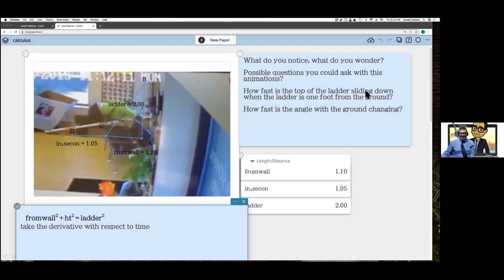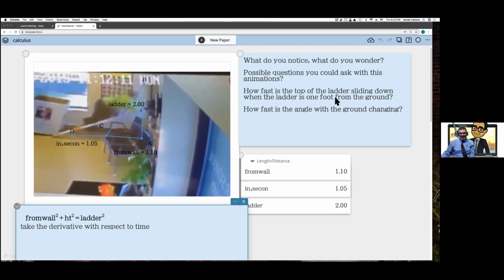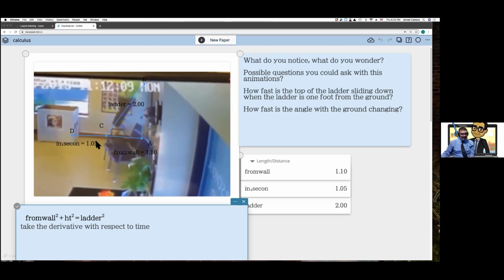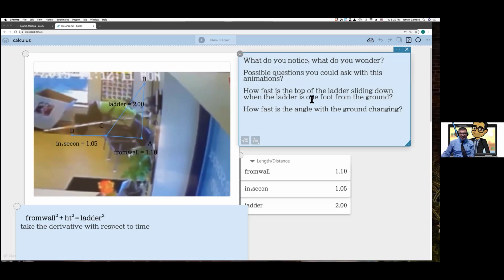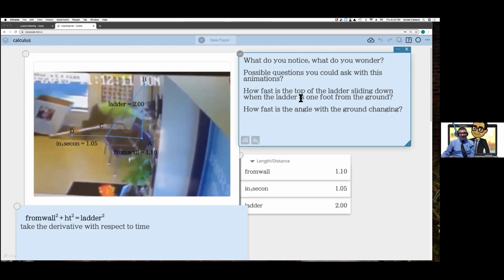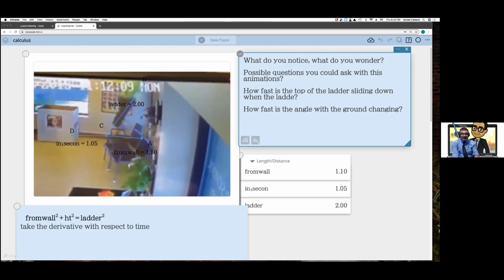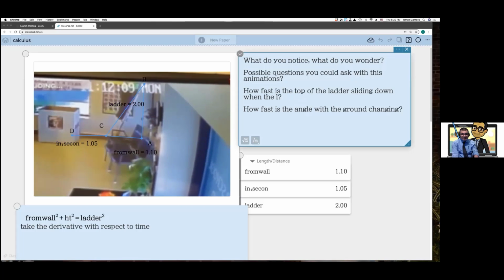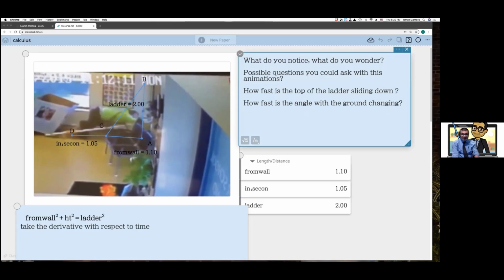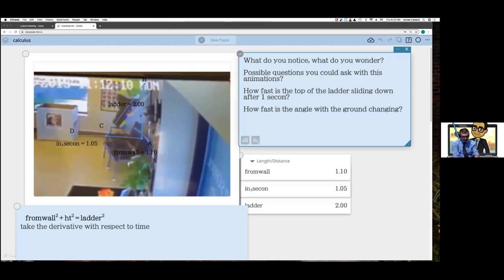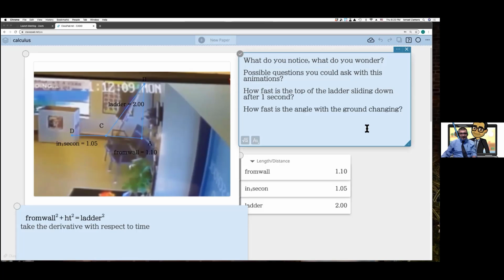How fast is the top of the ladder sliding down when the ladder is 1 foot from the ground, or in this case, at time after 1 second. So I'm going to change this to say after 1 second. There we go.